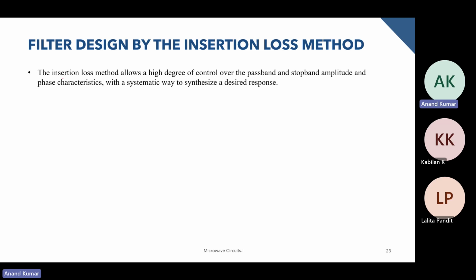So the preferred method is the insertion loss method, which allows a higher degree of control over the pass band and stop band. And also we'll see how this insertion loss method gives us more flexibility based on what kind of filtering we want to do, like what is important and what kind of circuit we need.